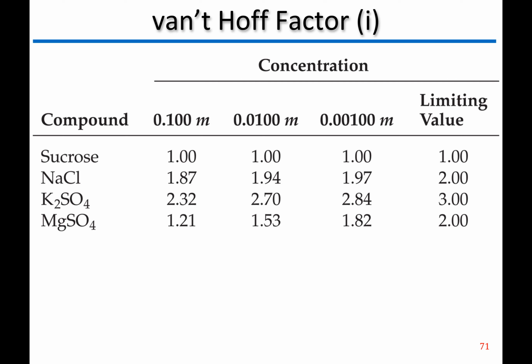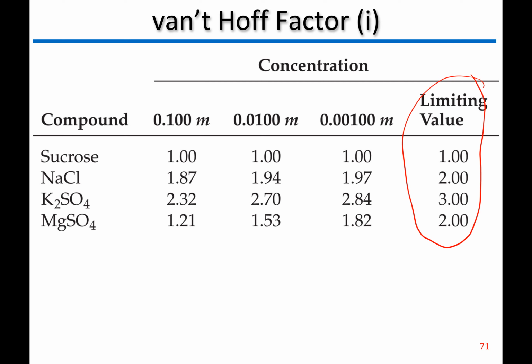So they're staying separate more often in a weaker solution. That doesn't necessarily mean that a weaker solution has a bigger impact on the freezing point. It just means that the van 't Hoff factor is greater for a weaker solution compared to a more concentrated solution. But this value over here would be in an ideal world. So ideally, sodium chloride has a van 't Hoff factor of 2.